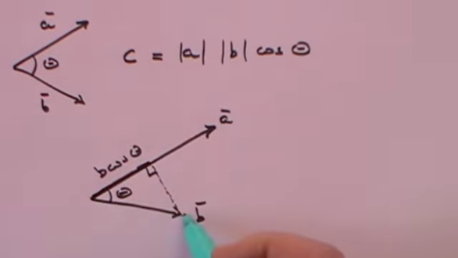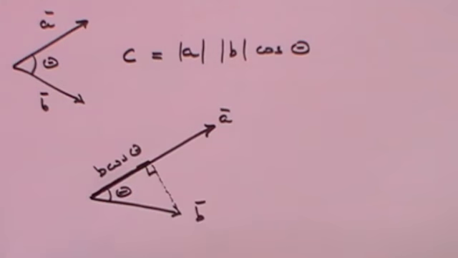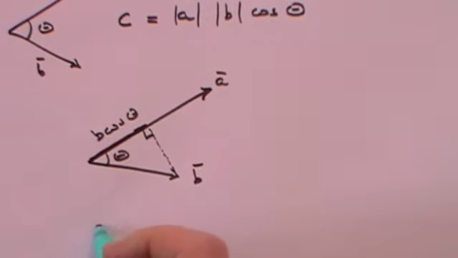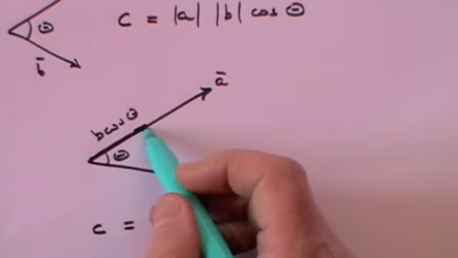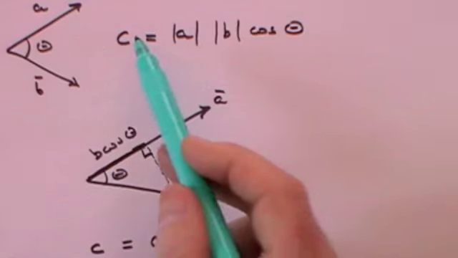In other words, this vector projected onto this vector is B cos theta. That's the component part. And now if I multiply, the resultant is simply A times the projection onto A, which is B cosine theta. And that's exactly what we had up here.